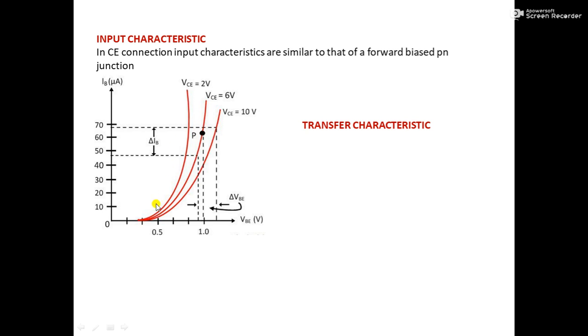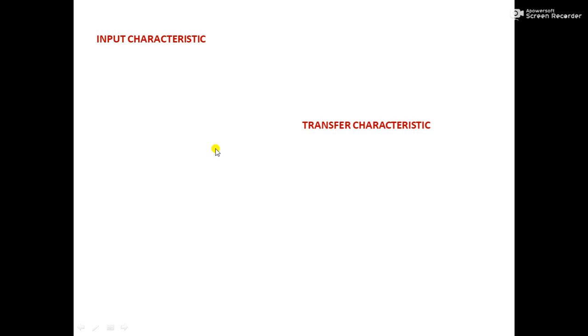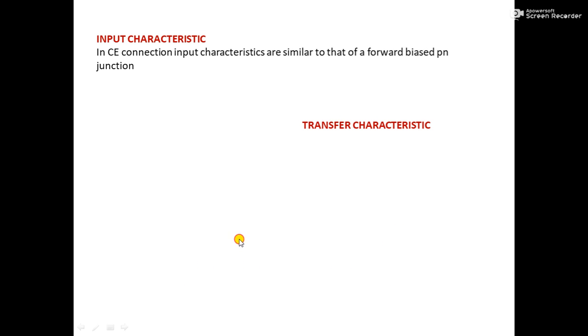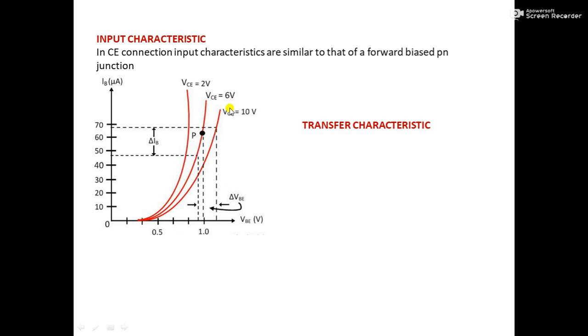It is the same as the forward PN junction characteristics, because, as the circuit diagram shows, the emitter base junction, that is the input junction, is always forward biased. This is the variation of input current with respect to the input voltage, so it looks the same as the characteristics of the forward biased PN junction diode.